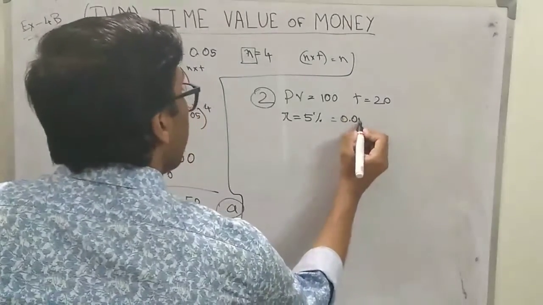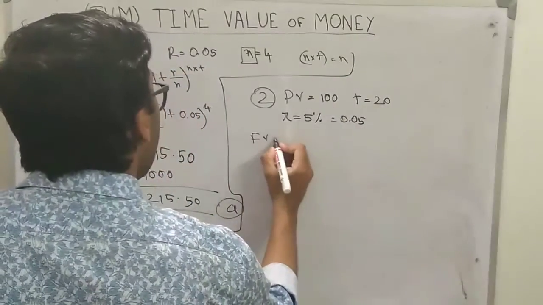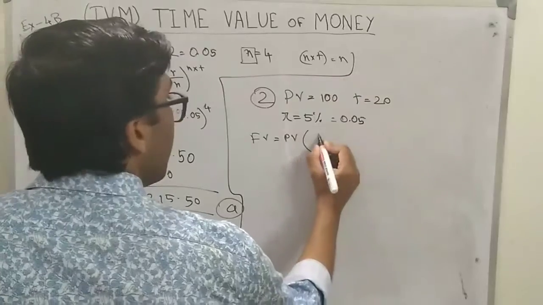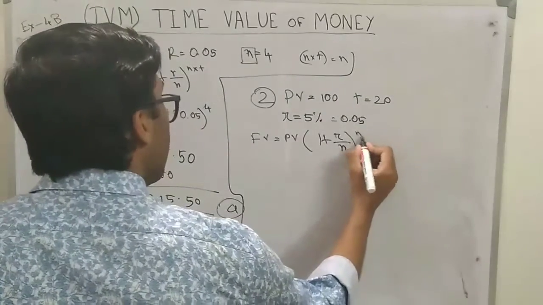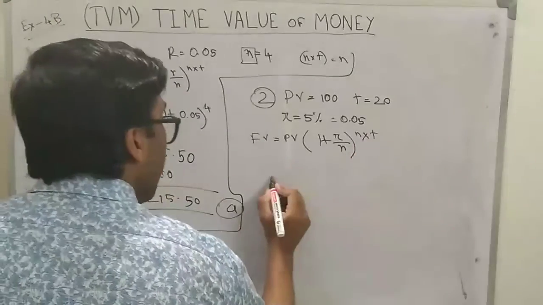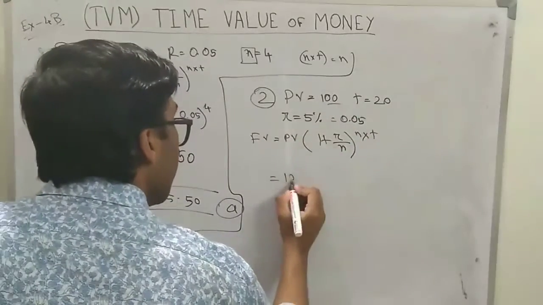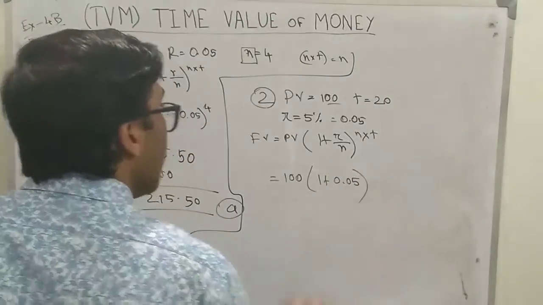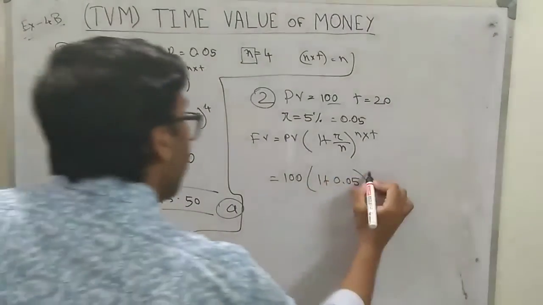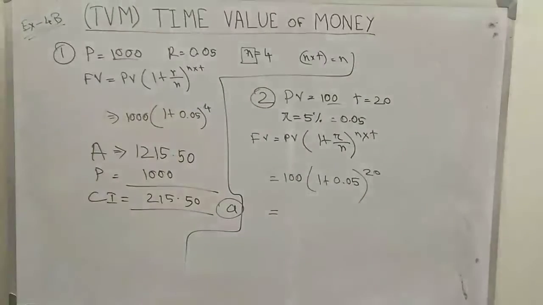That means 0.05. The formula will be again FV is equal to PV into 1 plus R by N to the power N into T. PV is 100 into 1 plus 0.05, no N is given, to the power 20. That means if you calculate this, 1 plus 0.05, press into 1 time and press equal to another 19 times.